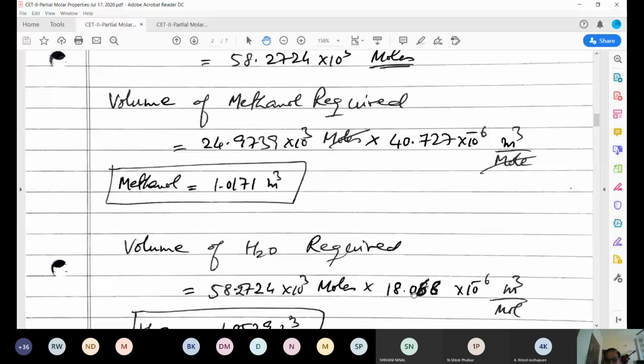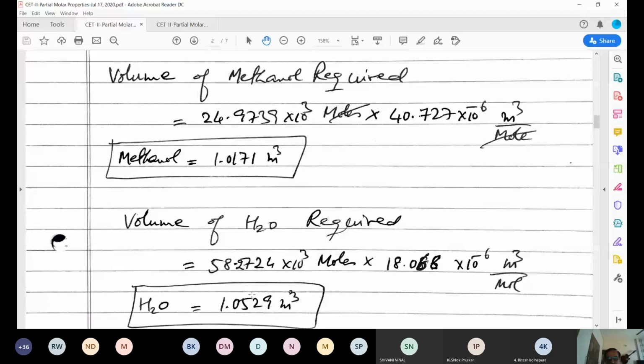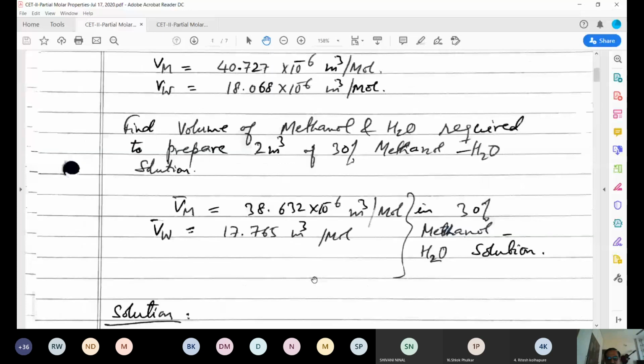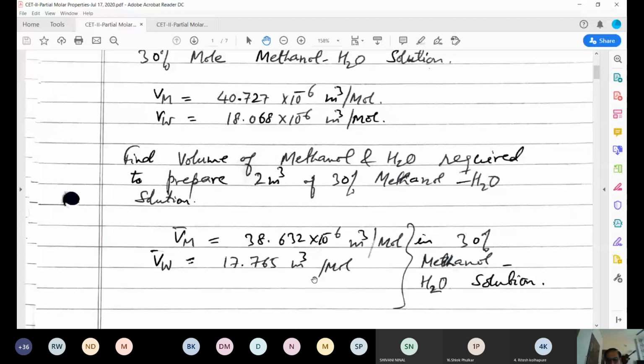That means volume कम हो गया, right? एडिटिव नहीं है ये, 2.06 नहीं आएगा वॉल्यूम, वॉल्यूम आएगा 2 cubic meters, बिकॉज इफ यू सी इन द प्रॉब्लम स्टेटमेंट मोलर वॉल्यूम ऑफ प्योर मिथनॉल इज 40, पार्शियल मोलर वॉल्यूम इज 38, कम हो जाता है, राइट, मिक्सचर में. सिमिलरली वाटर का मोलर वॉल्यूम इज 18, मिक्सचर में 17%, यानी मिक्सचर में कम हो जाता है उसका वॉल्यूम. दैट इज व्हाई वी नीड मोर वॉल्यूम ऑफ प्योर मिथनॉल and water to make solution.